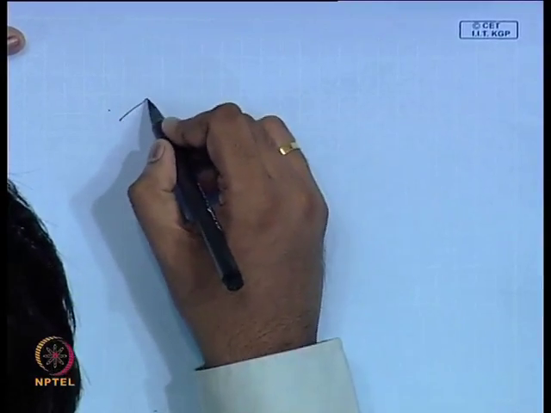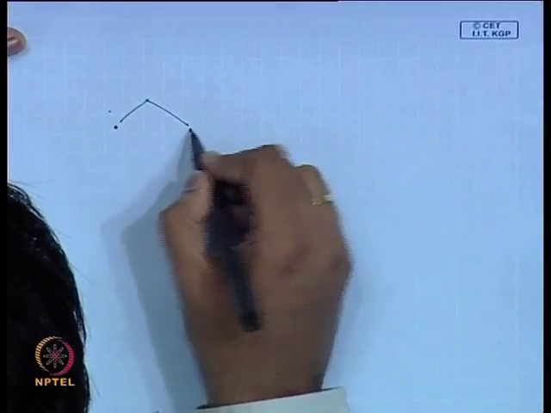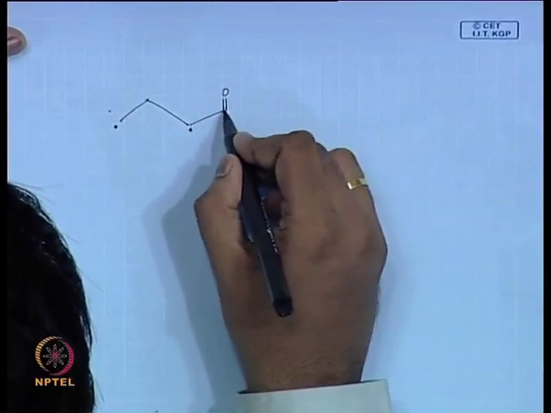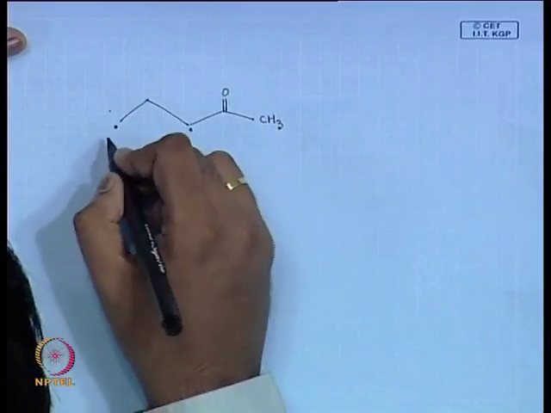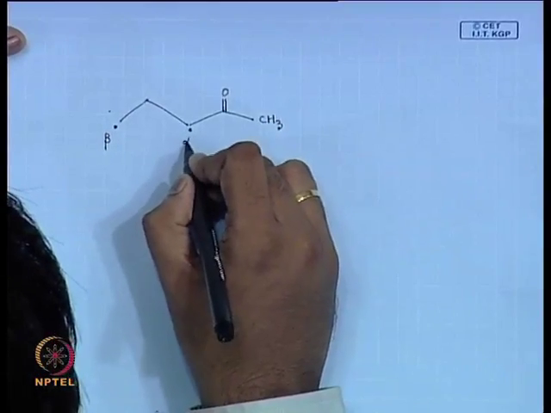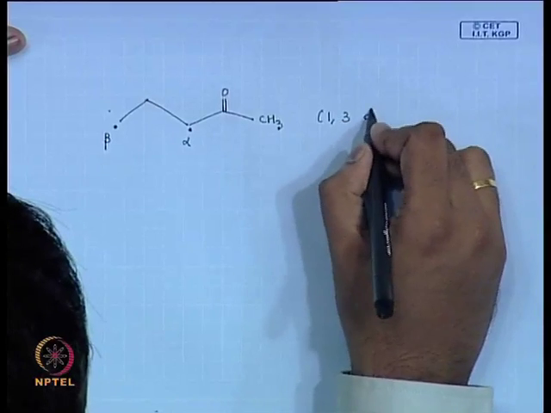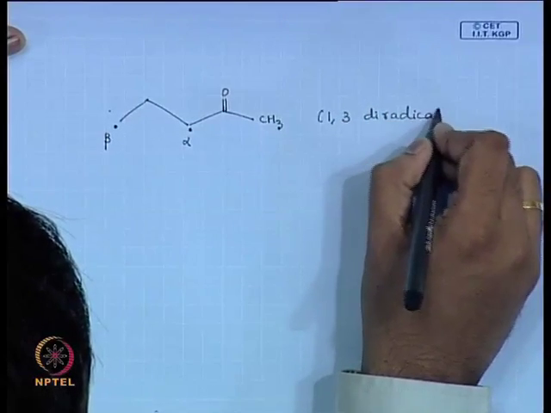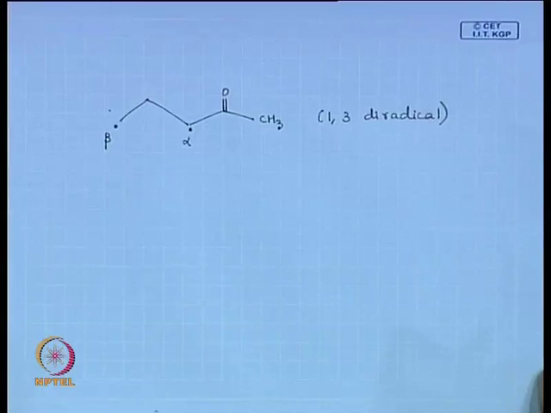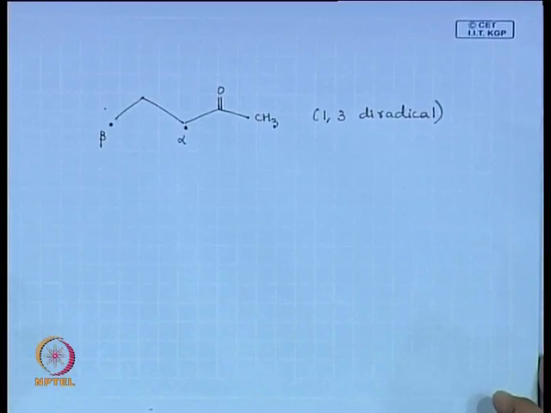What does this 1,3 diradical do, because we have studied 1,3 diradicals, as well as 1,5 and 1,4 diradicals. What does this 1,3 diradical do?